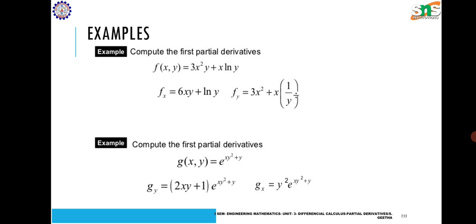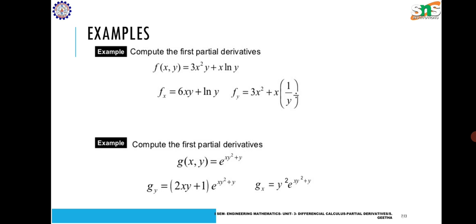Differentiating g with respect to y, first, differentiating the exponential function we get the exponential function only, so e to the power of x y square plus y, again we write e to the power of x y square plus y. Again, differentiating the inner function, that is x y square plus y, with respect to y we get, the differentiation of y square is 2y, so we get 2xy plus 1.